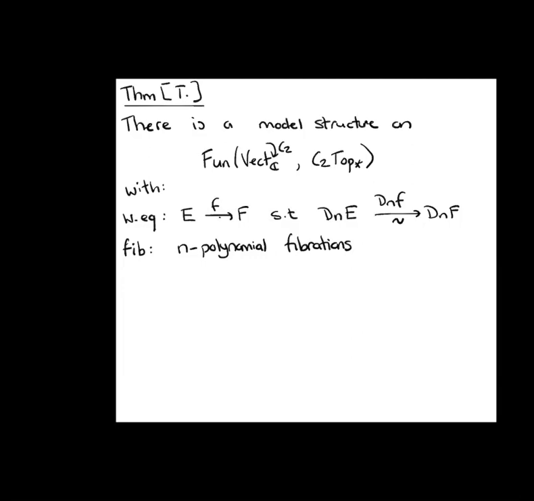But what's interesting here is that the cofibrant objects are those F such that they have trivial n-th approximation, which tells you in particular that if you take something that's cofibrant and fibrant, all these are exactly the n-homogeneous functors.